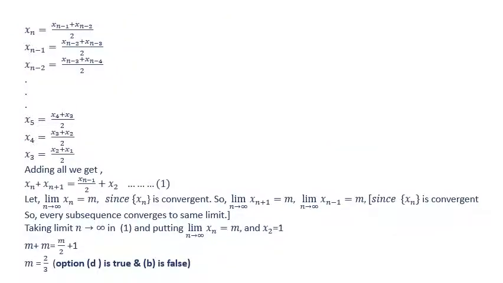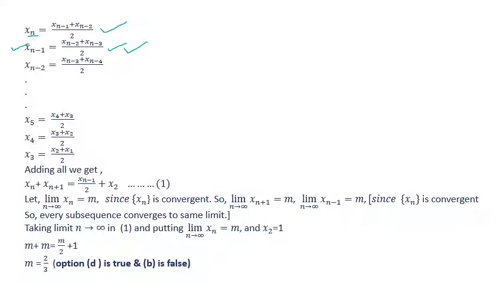to find the limit of the given sequence, we take xn, which is given, and now find xn minus 1 by replacing n by n minus 1. We will get xn minus 1 equals xn minus 2 plus xn minus 3 by 2.